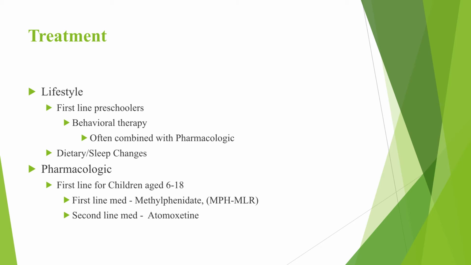Often, both behavioral and pharmacological therapies are used in tandem. Sleep hygiene improvement and dietary changes have also been suggested. The elimination diet is implemented when hypersensitivities are suspected, and omega-3 fatty acid supplementation has been studied and shown to reduce symptoms.